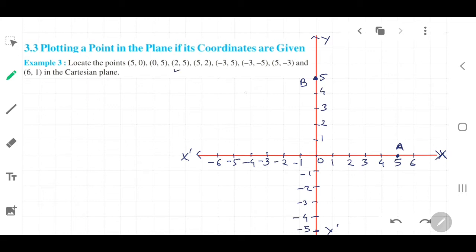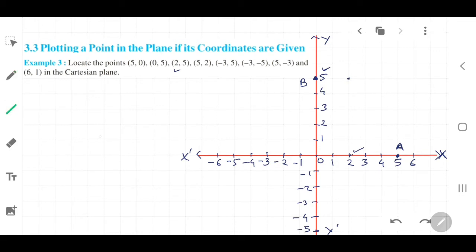Next one you see 2 and 5. 2 is for x-axis. You check in x-axis where is 2, and that is also positive. So here is 2. Have you seen? This is 2. And y is of y-axis, and positive also. Correct? So y-axis positive 5 is here. So where will be the coordinate? You check, it touches here in this point.